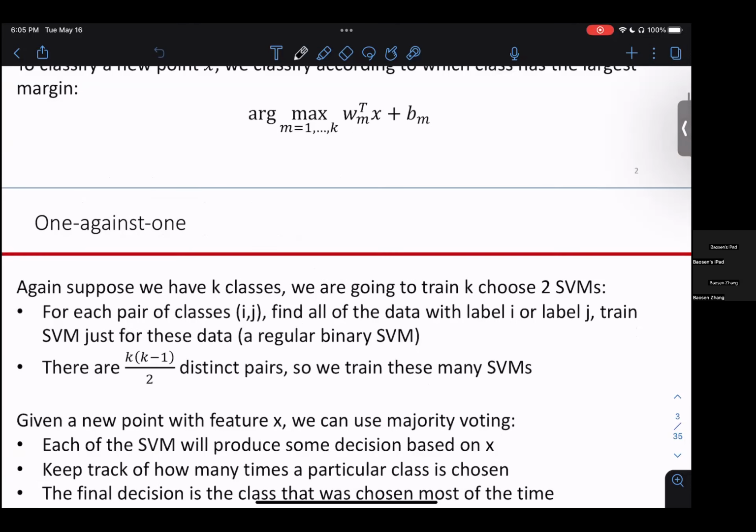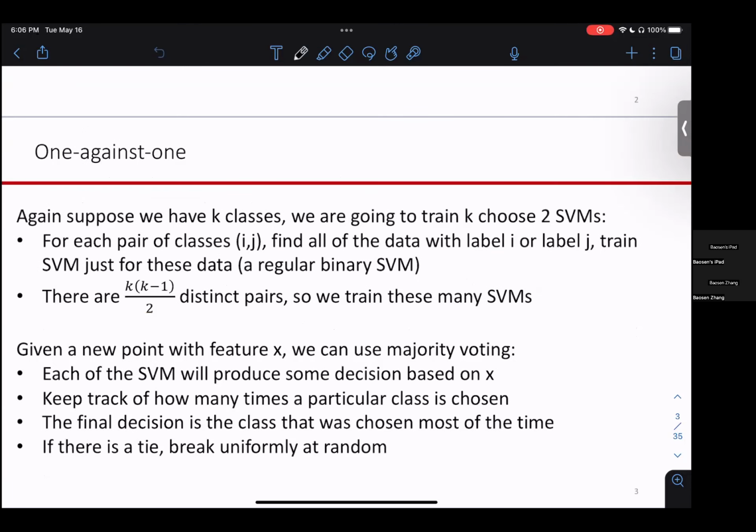You can, of course, do one against one. So you have SVM. Instead of doing class 1 or not class 1, you can look at all pairs of i and j. You can ask, is it class 1 or class 2? Is it class 1 or class 3? Is it class 1 or class 4? Look at all those comparisons. At the end of the day, you look at all those classification results and take a majority poll.